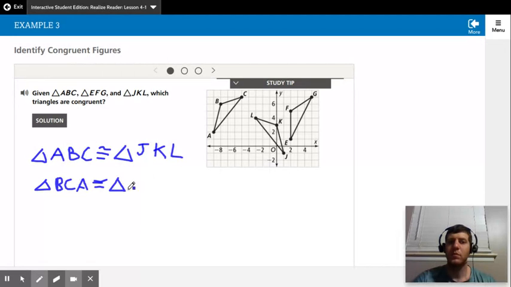So B is going to match up with K here, C is going to match up with L, and then A matches up with J.